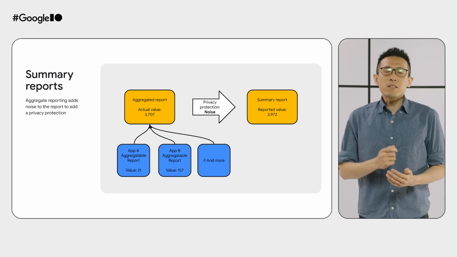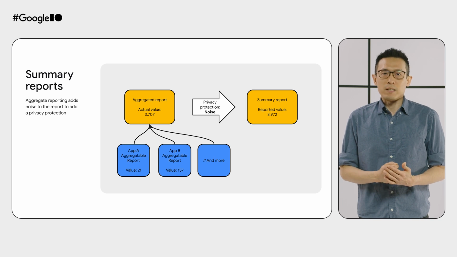First, let's consider the right way to construct these summary reports and add noise. To generate a summary report, individual conversion reports from devices or browsers are collected and batched to be processed in the aggregation service.